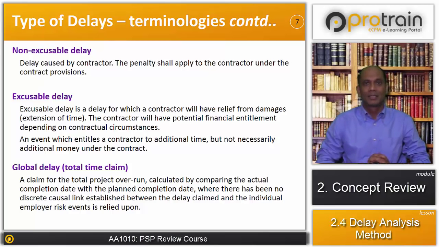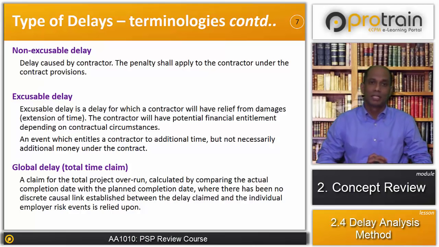However, the contractor has still delayed the project because he could not mobilize the resources on time, or he could not procure material on time. Such delay will be called non-excusable delay. In such a scenario, penalties shall apply to the contractor under the contract provision, either in terms of penalties or liquidated damage, whatever is mentioned in the contract.